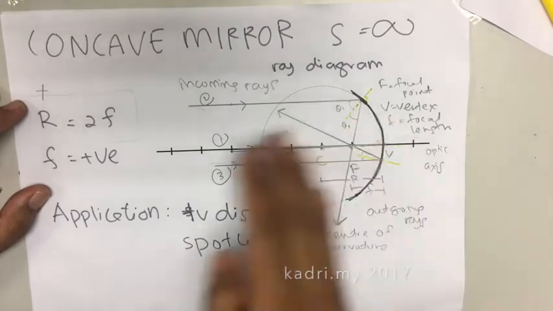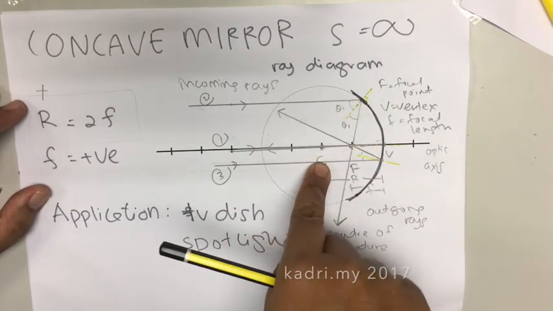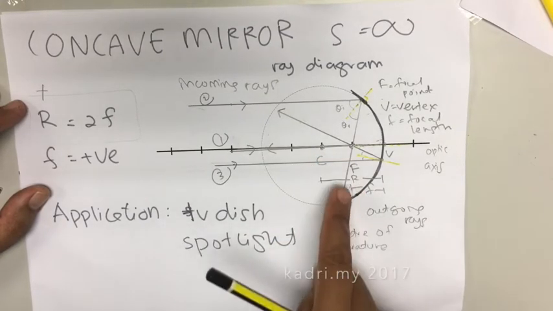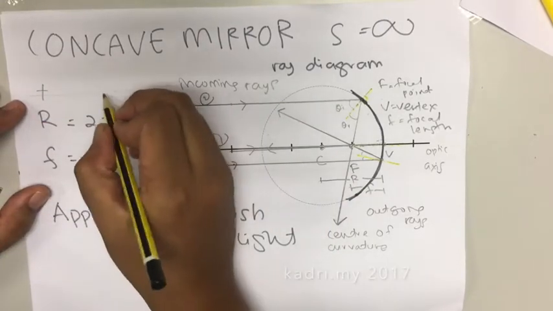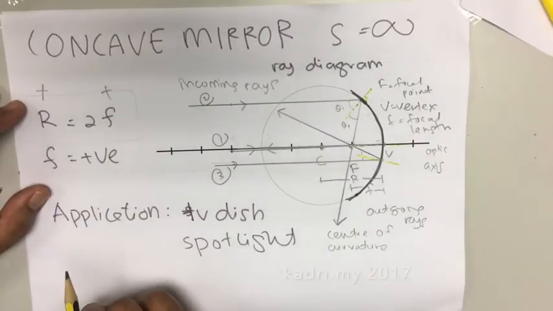The outgoing rays are on the same side as C, the center of curvature, so R is positive. If R is positive, the focal length is also positive. So for a concave mirror, the focal length is positive.